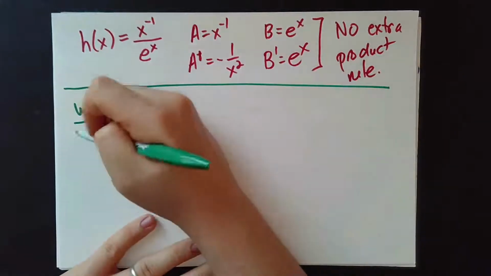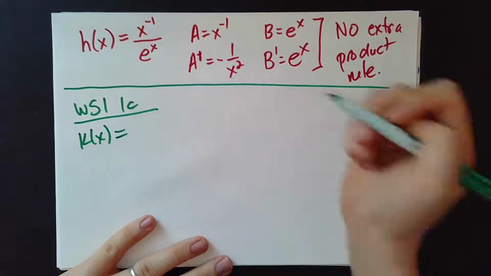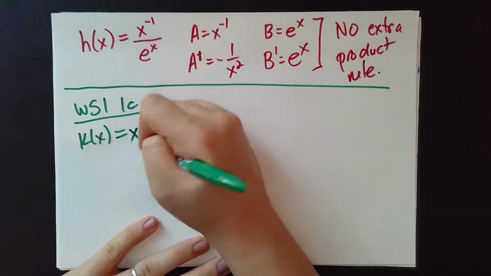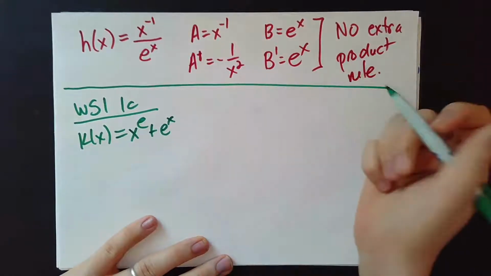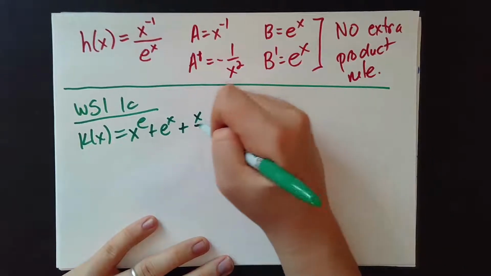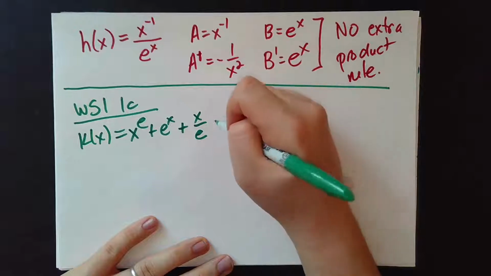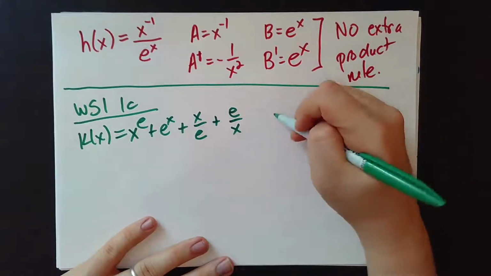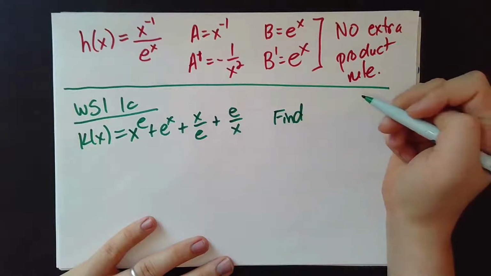Okay, which gives you k of x is x to the e plus e to the x plus x over e plus e over x. Okay. And we want to find k prime of e.